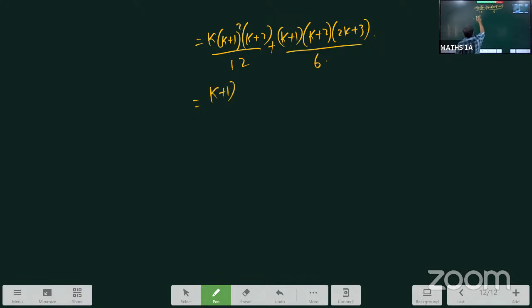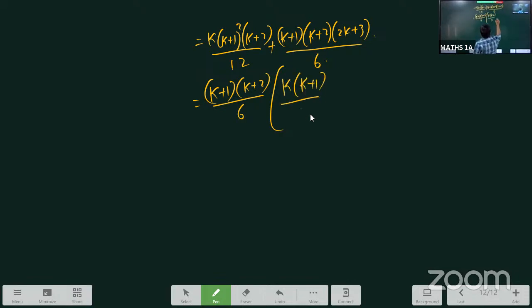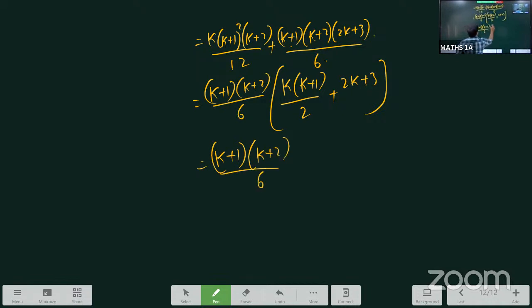So k plus 1 and k plus 2 I can take common, and 1 by 6 also I can take common. Then what is left out? k into k plus 1 will be left out by 2, plus 2k plus 3. Here k plus 1, k plus 2 I took common, 2k plus 3, and 6 also I took common, no? So k plus 1 into k plus 2 by 6.